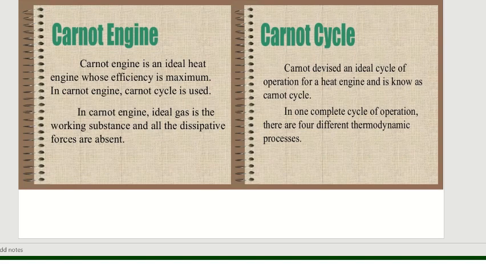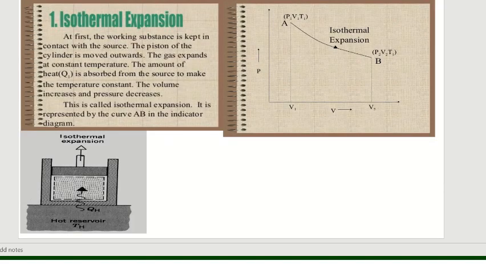Let us see what are those 4 thermodynamic processes in detail. First one is isothermal expansion. Here we can see what is isothermal expansion. As I've said, in heat engine we have used 4 main parts, that is source, working substance, sink and stand.